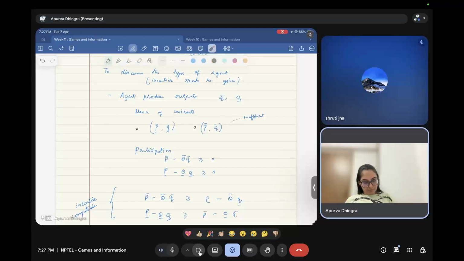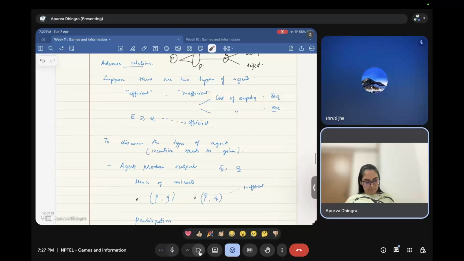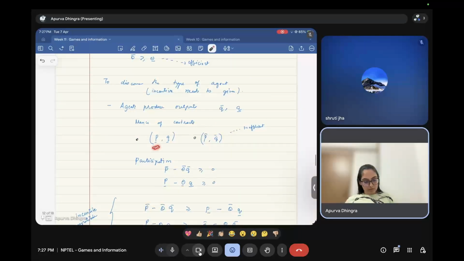The participation constraint is whatever pay P they would get minus the cost of the output. This should be greater than theta, and similarly for the other one.